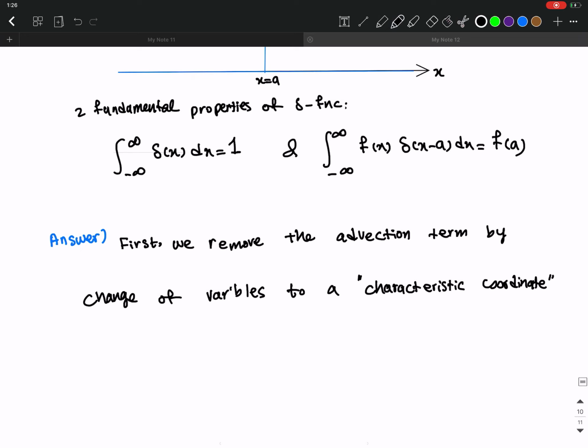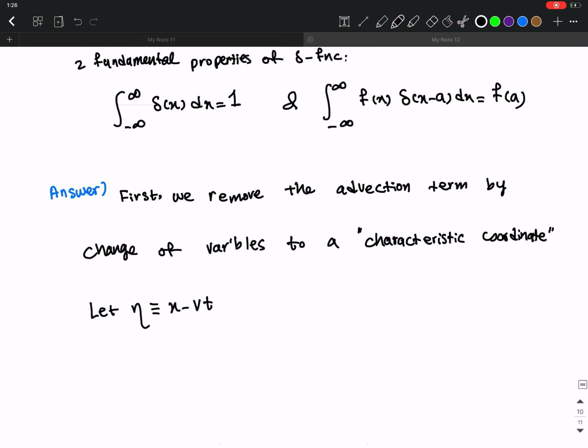What I mean by that is we let eta be x minus vt.